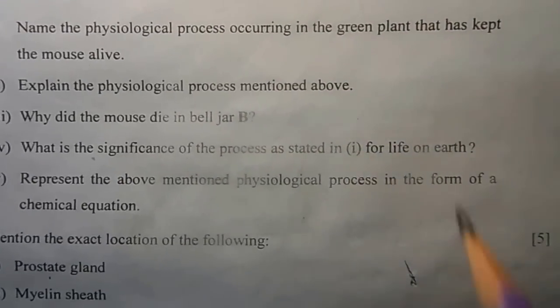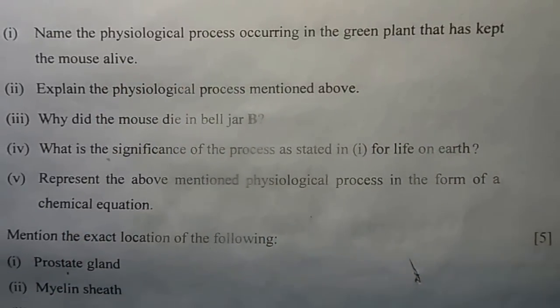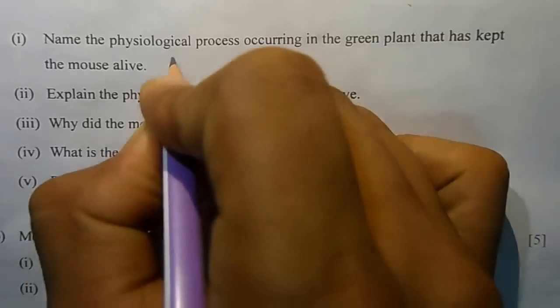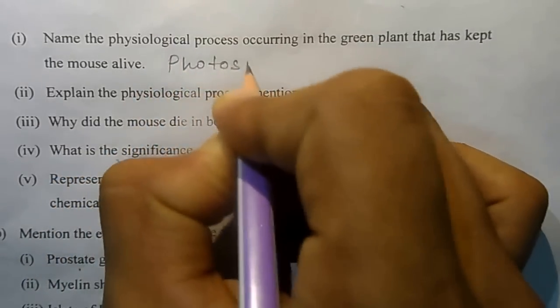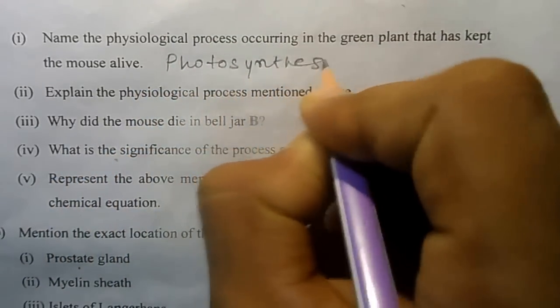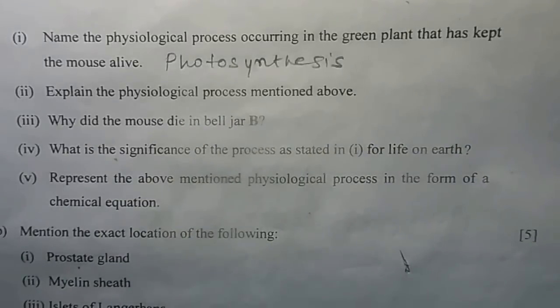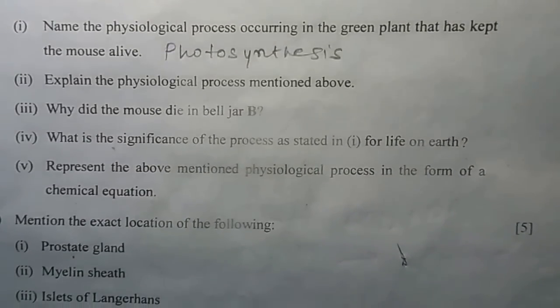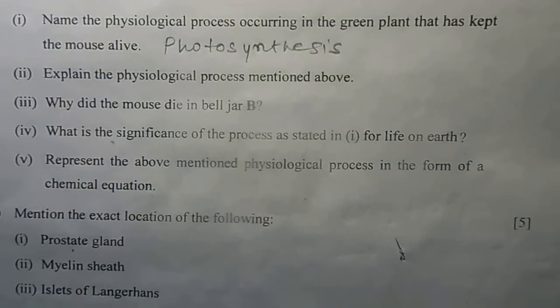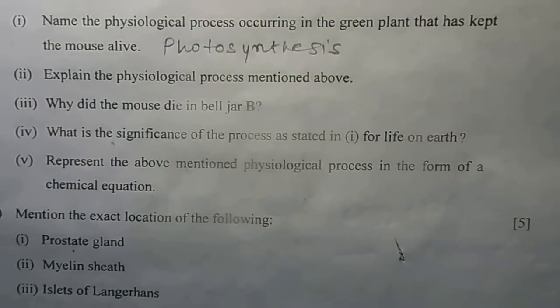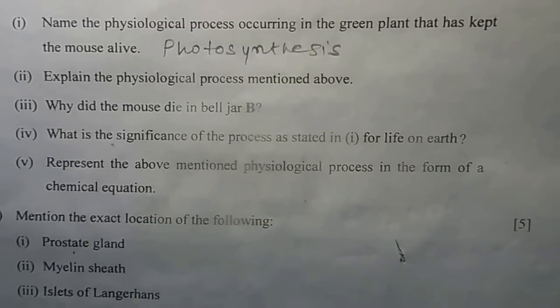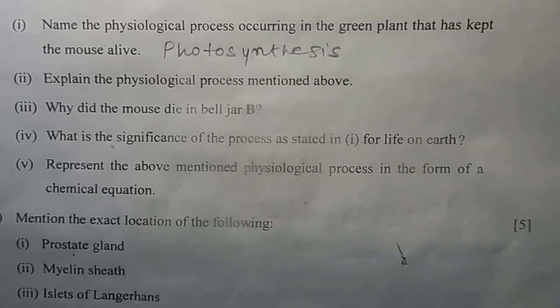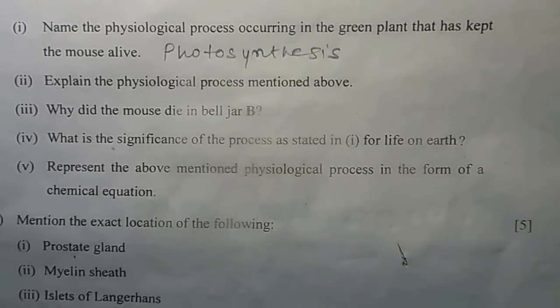A physiological process which produces oxygen is photosynthesis, right? In 2, you have to explain the physiological process mentioned above. So photosynthesis is the process by which living plant cells containing chlorophyll produce food substances from carbon dioxide and water by using light energy. Plants release oxygen as a waste product during photosynthesis.